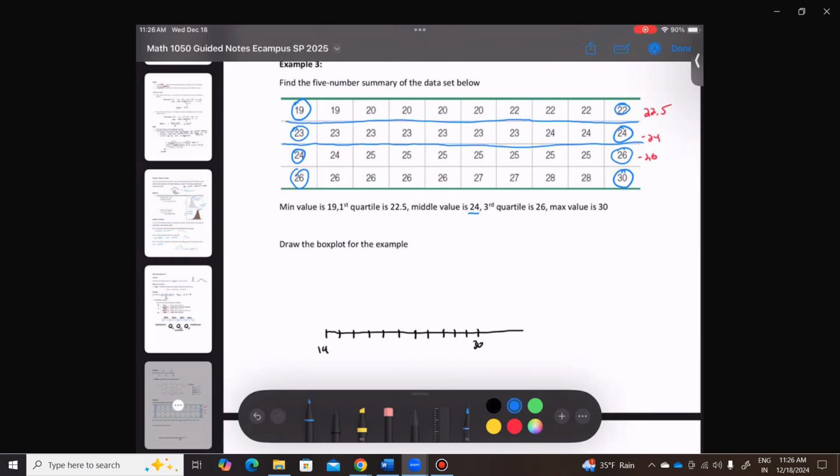Put lines at 19, at 30, at 22 and a half, 24, and at 26. Connect this so it makes a box, and then connect the two lower lines midway. And so you have your box plot.